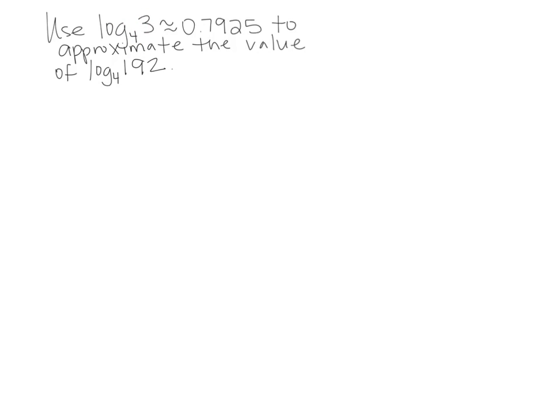So what we want to do is rewrite 192 as something times 3. So we can write that 192, just on a sidebar, is 3 times 64. When you're thinking about 64, we're still trying to use what we have here, and 64 really has nothing to do with what we have here.